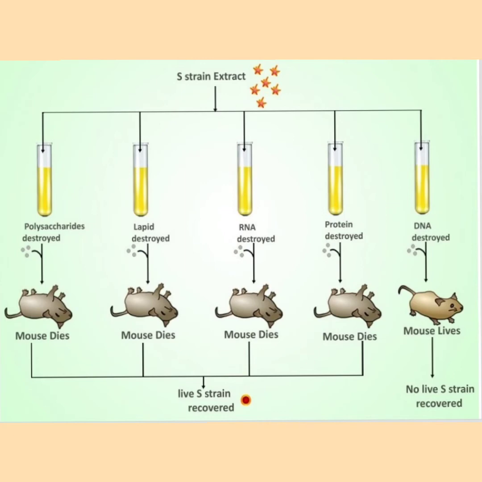In the fourth sample, where the protein is destroyed, the DNA and RNA are present, and the mouse dies. In the last sample, where only the DNA is destroyed, it contains protein and RNA, the mouse lives, indicating that DNA is the genetic material and no live S strain has been recovered.